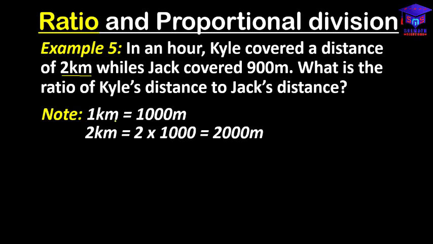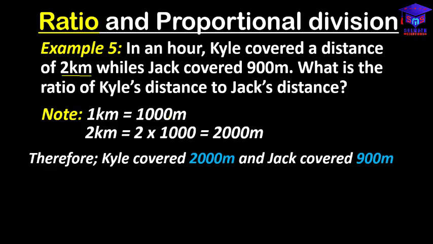And so 1 kilometer is 1,000, 2 kilometers will be 2,000, 3 kilometers will be 3,000, 4 kilometers will be 4,000, and it continues like that. Alright, and so therefore we can say that Carl covered 2,000 meters and Jack covered 900 meters.